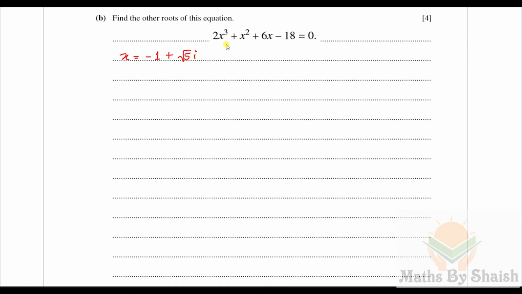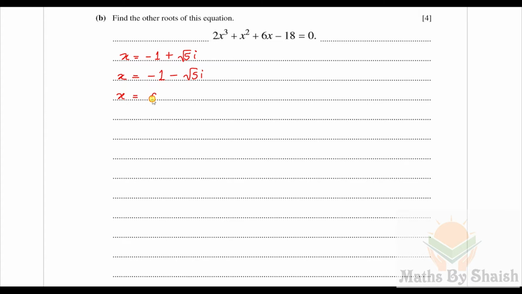So the second root would, of course, be the complex conjugate of this, and the complex conjugate of -1 plus root 5 iota is -1 minus root 5 iota. So this is the second root. Because it's a cubic equation, there are going to be 3 roots, so let's say the third root be a.